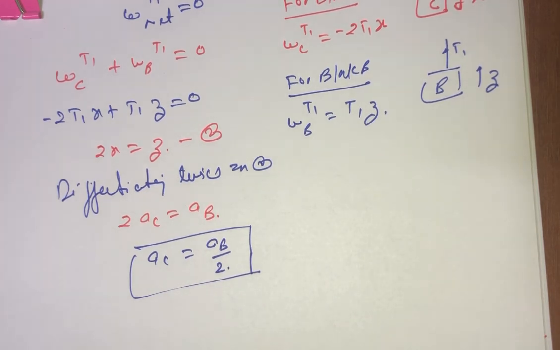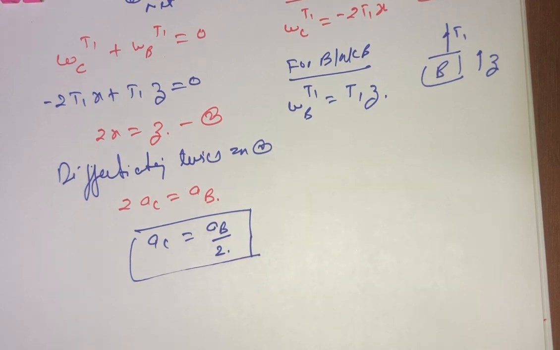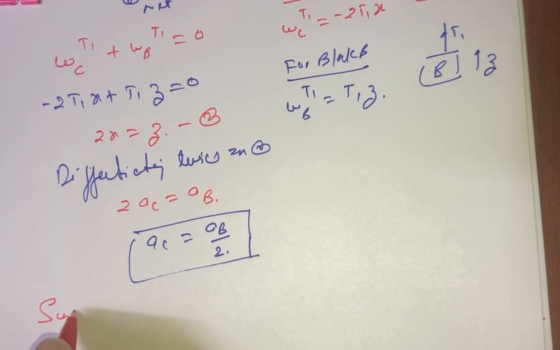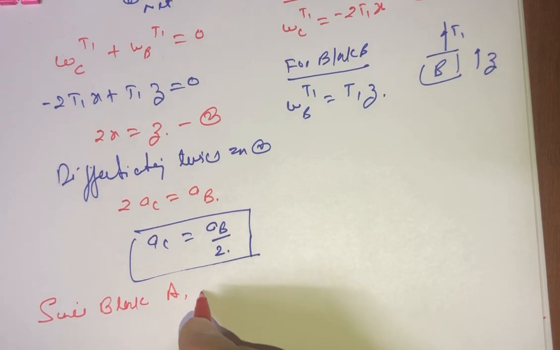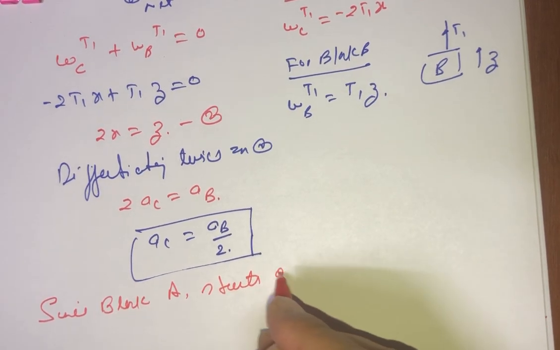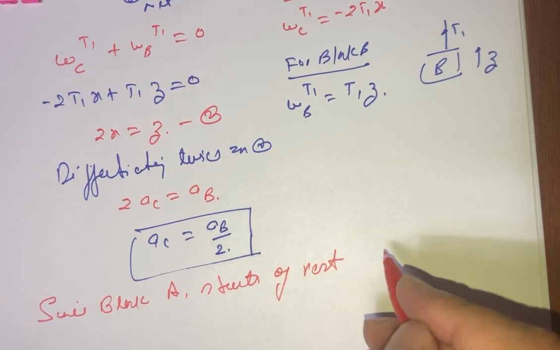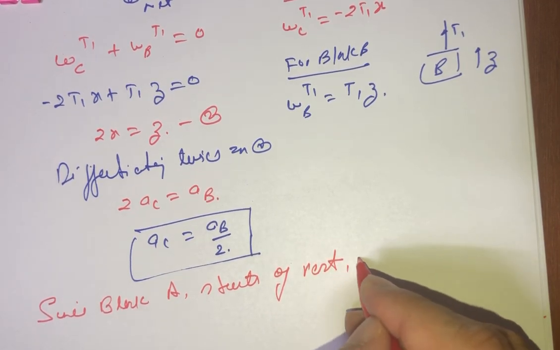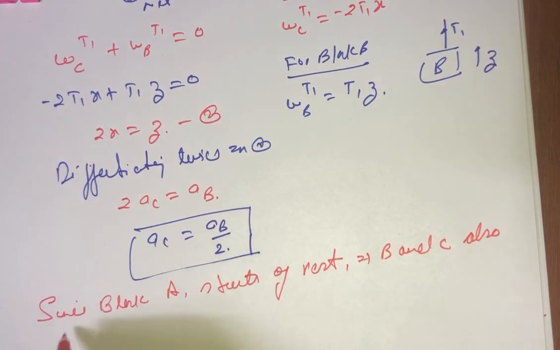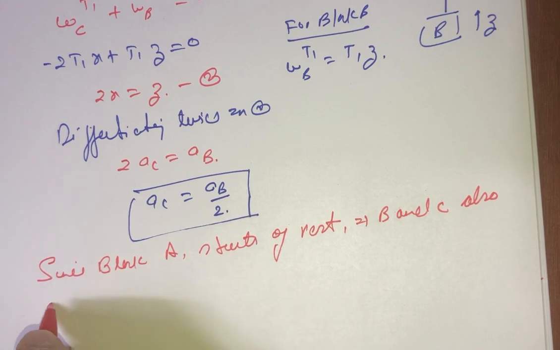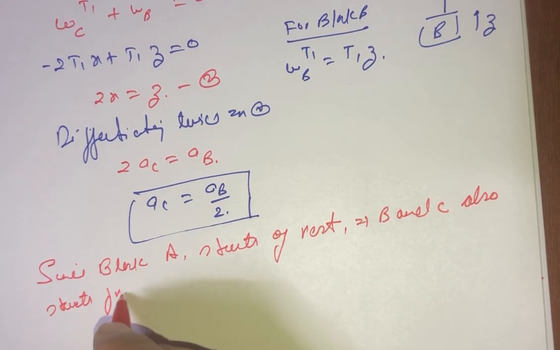It is also given that block C starts from rest and moves downward. Okay, so since block A starts from rest, B and C also start from rest.